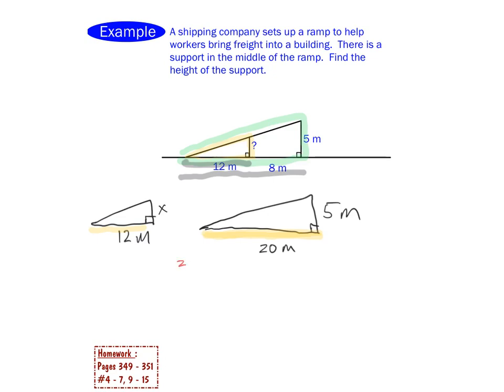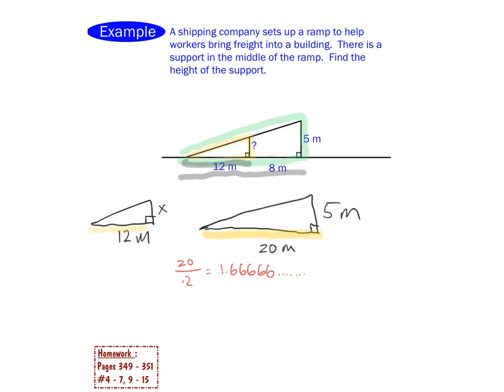So 20 divided by 12. If you figure that out, it's going to be 1.66666 repeated. Leave that number on your calculator. And we're going to take that number and we're going to multiply it, or actually, sorry, no, we're not going to multiply it. Here's why.